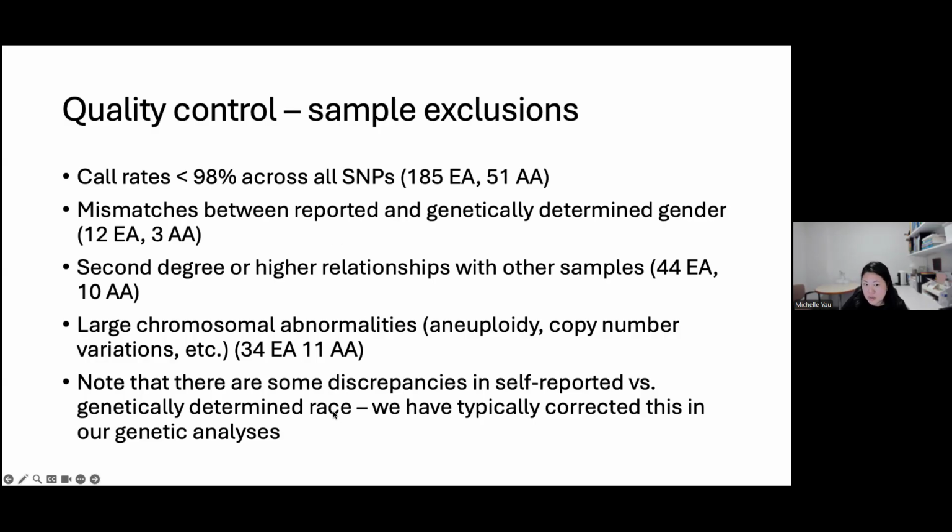So that is something that you would want to look into if you're doing genetic analyses in OAI, and depending on your question, you may or may not want to use the self-reported race. Typically for the genome-wide association studies, we've often corrected this and used their genetically determined race when splitting it by European versus African ancestry analyses.